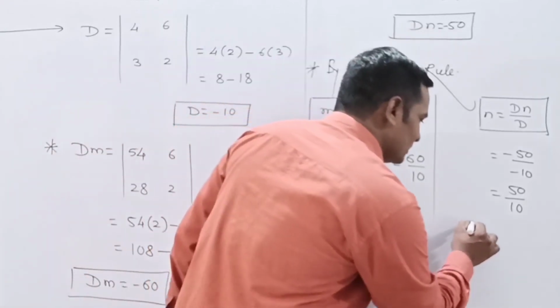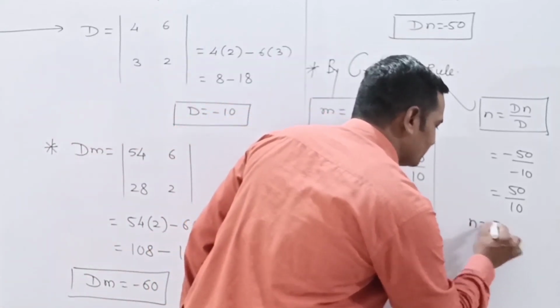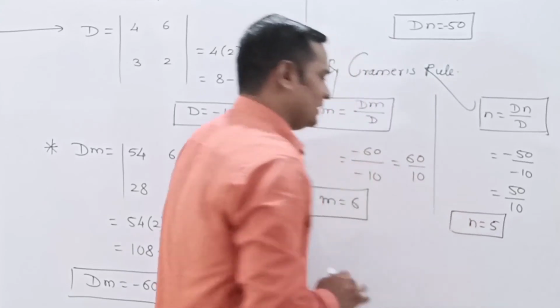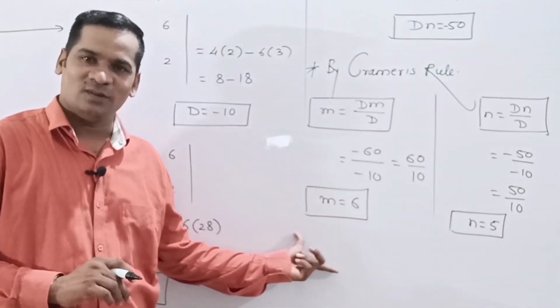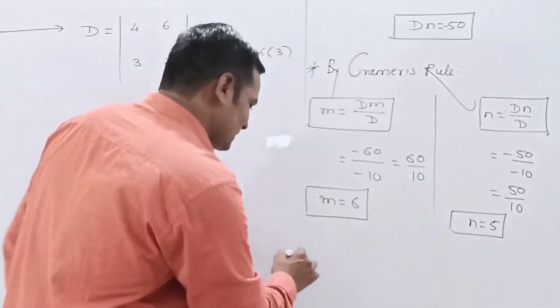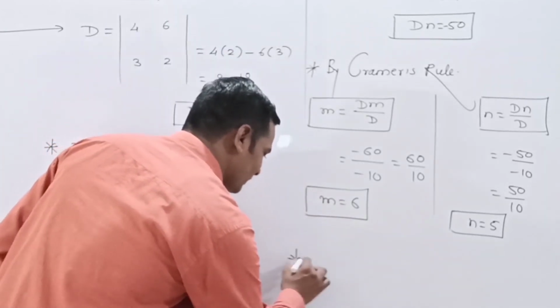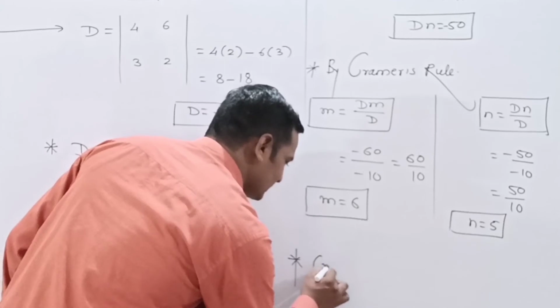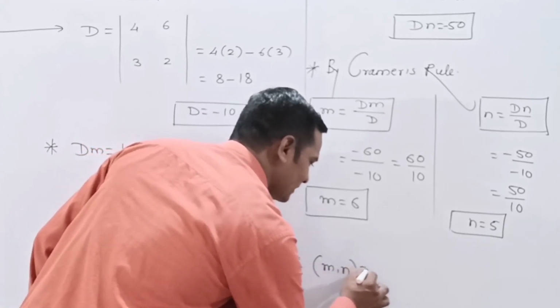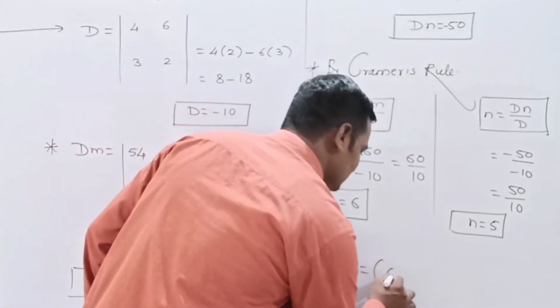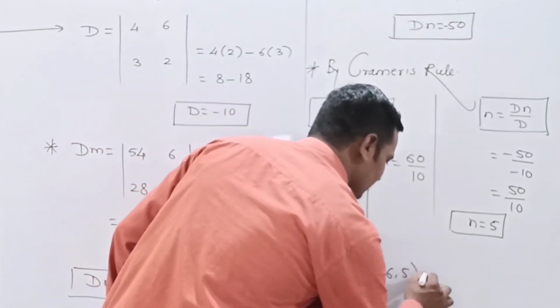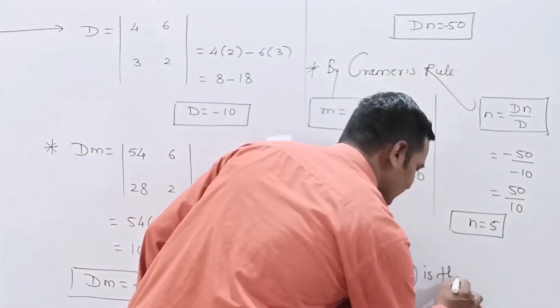So again 10 ones are 10, 10 fives are 50. So here it is, n is equal to 5. In this way we can easily get the values of m and n. So let's write down the answer in words here. The variables are m and n, these two variables are given, and the values of m and n are 6 and 5, which is the solution.